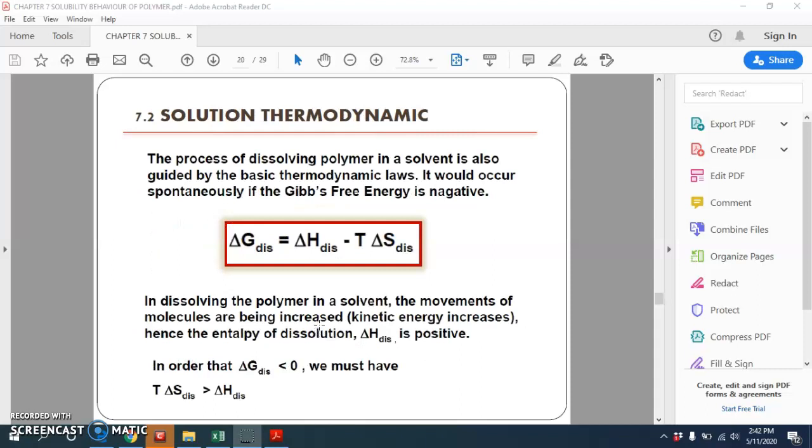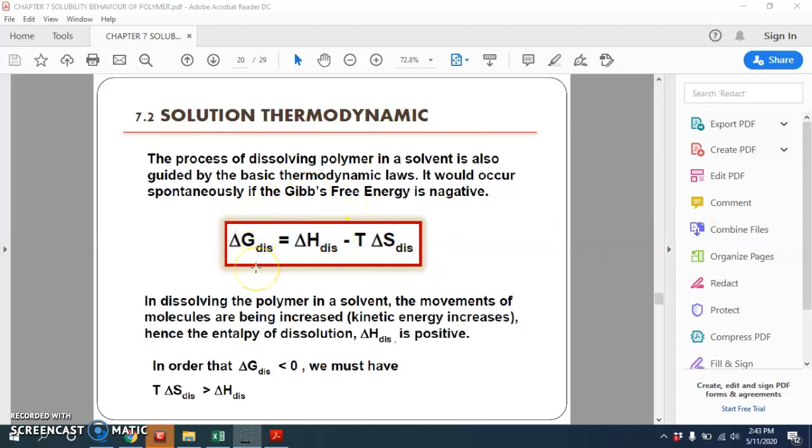Okay, solution thermodynamics. Okay, solution thermodynamics is the process of dissolving polymer in a solvent. It is also guided by the basic thermodynamic laws. So it will occur spontaneously if the Gibbs free energy is negative.